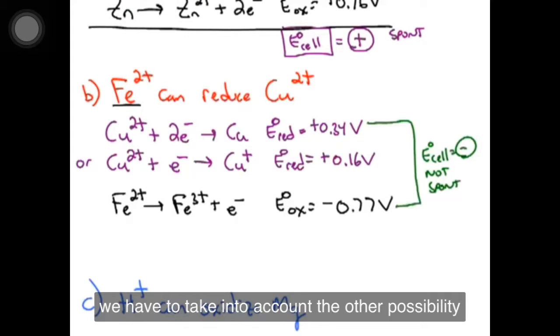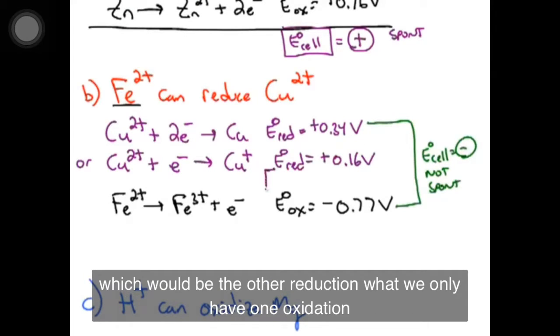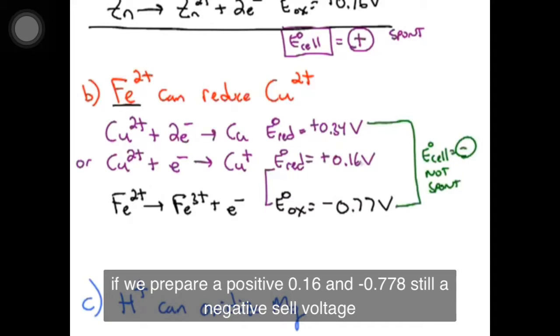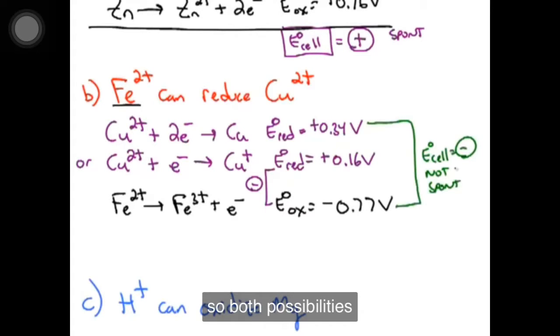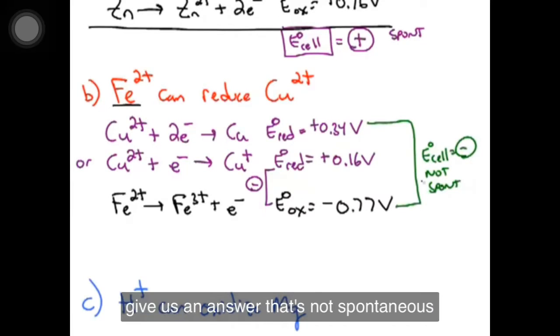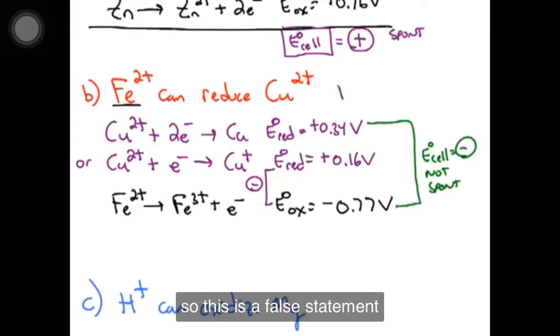We have to take into account the other possibility, which would be the other reduction with the one oxidation. If we pair up positive 0.16 and negative 0.77, it's still a negative cell voltage. So both possibilities give us an answer that's non-spontaneous, so this is a false statement.